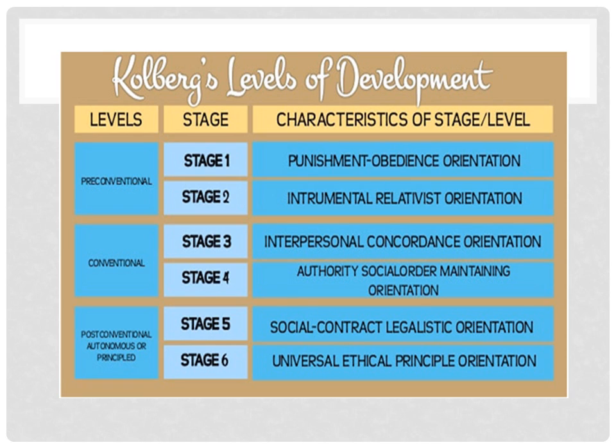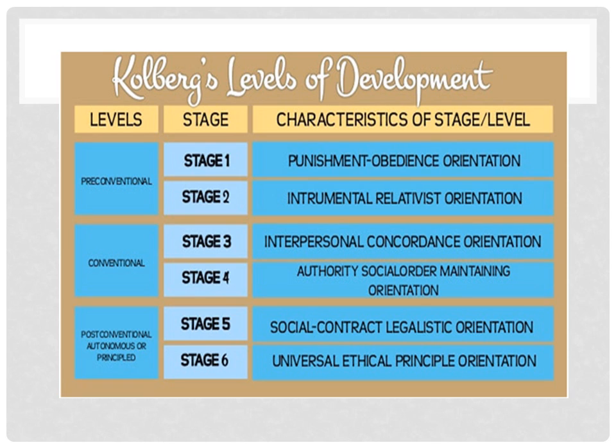Let's go through them one by one. As you've noticed, each level has two stages: pre-conventional has stages 1 and 2, conventional has 3 and 4, and post-conventional has 5 and 6. Let's go to pre-conventional stage 1 first.